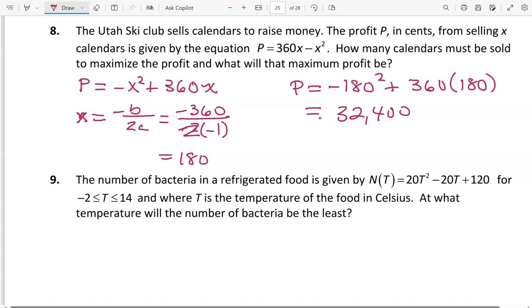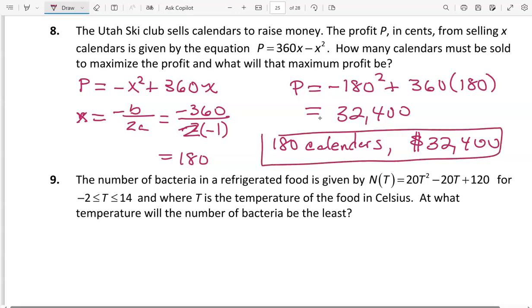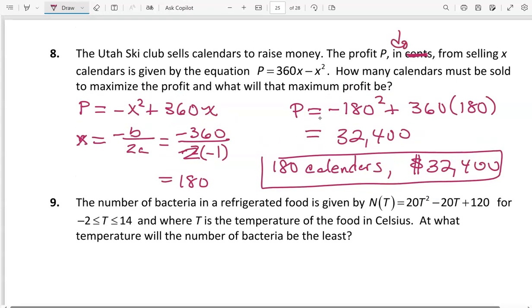So it looks like our maximum profit will come from 180 calendars and will be a maximum profit of $32,400. Oh yes, it kind of looks like maybe there's a typo in that question. The profit's probably not measured in cents. That really doesn't make a lot of sense that someone would actually use that unit. So I think this was intended to be in dollars.